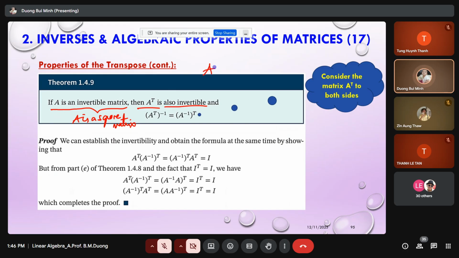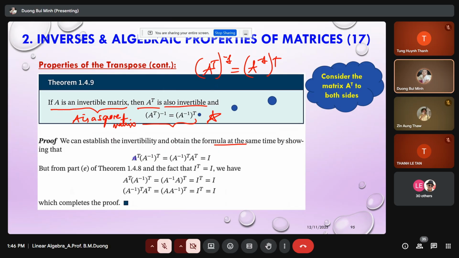Or you can say the inverse of the transpose of A is the transpose of the inverse of A, the same. So please remember this property, very important.